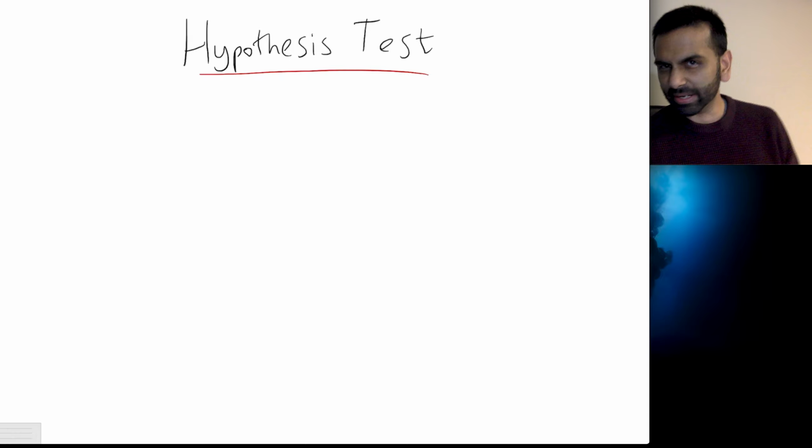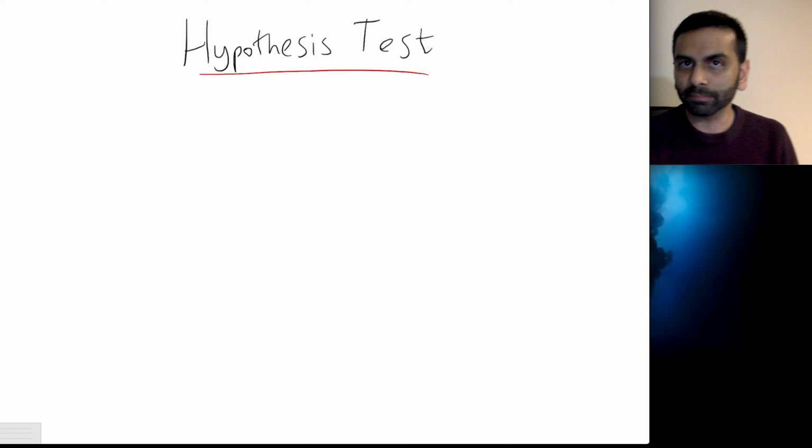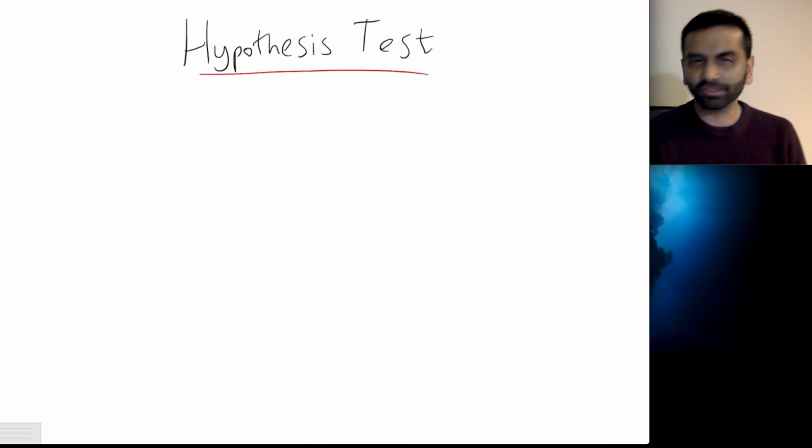In this video, I'm going to explain to you the logic behind what's called a hypothesis test. Now, suppose you want to know the number of hospital beds in New York City. And let's say your friend is guessing, and they're saying, I think there are 3,000 empty hospital beds in New York City.